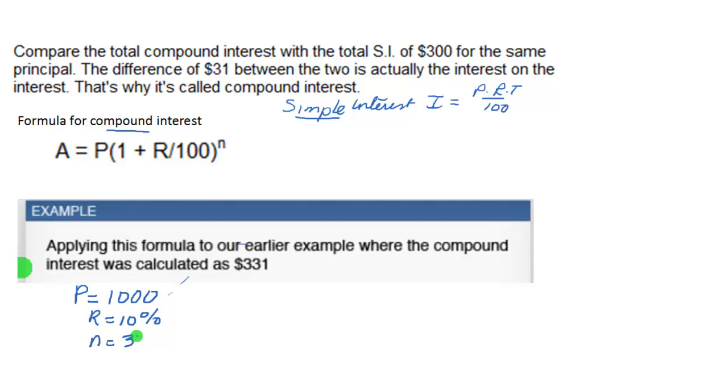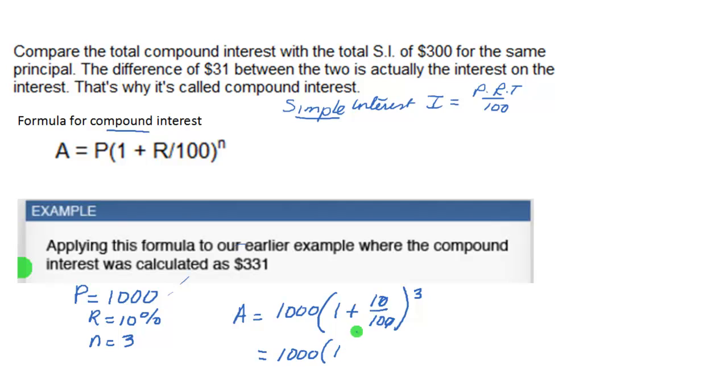So 3 times we calculated interest, so that's your N. So A equals 1,000 times 1 plus 10 over 100, to the third. Okay, so this is 1,000. Let's do this parenthesis here. The 10s just cancel. We have 1/10 here, so 1 and 1/10.